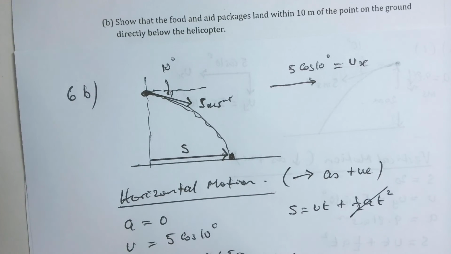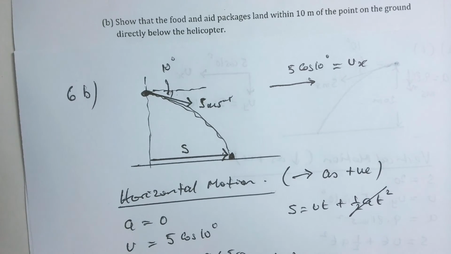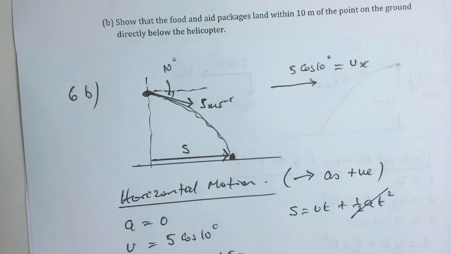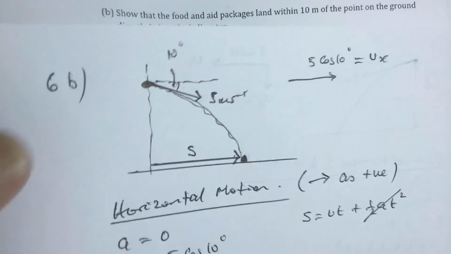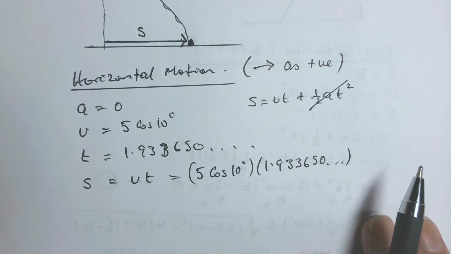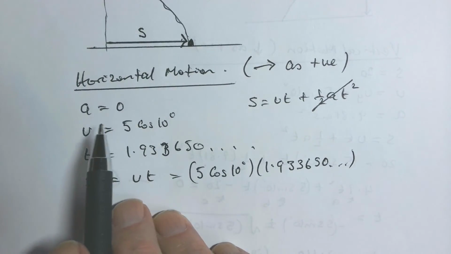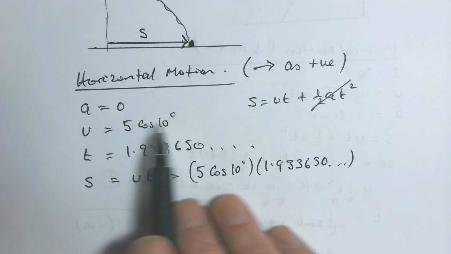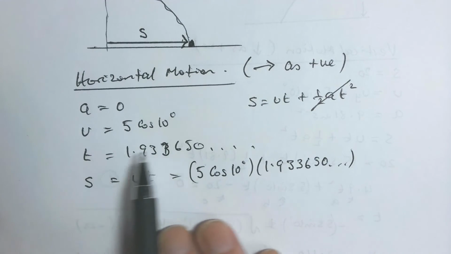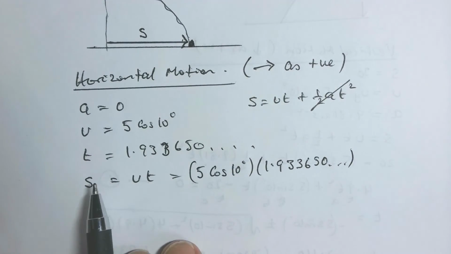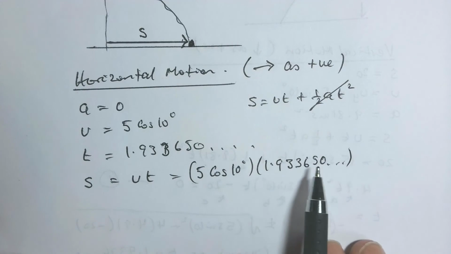So if you plug u as 5 cos 10 degrees and t as 1.933650, etc. So horizontal motion, a is 0, u is 5 cos 10, t is the time that we got from part 1, and s equals ut is 5 cos 10 times that.